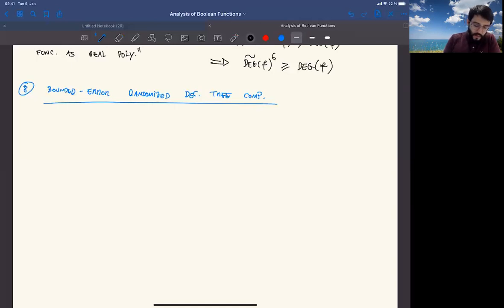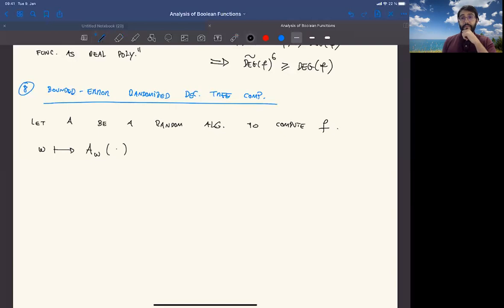So let's say let A be a randomized algorithm to compute F. You look at A as depending on an implicit random variable, say omega, and for each omega, A is a proper algorithm.